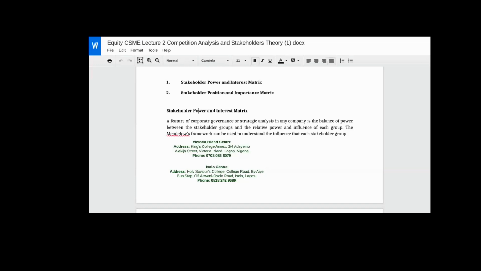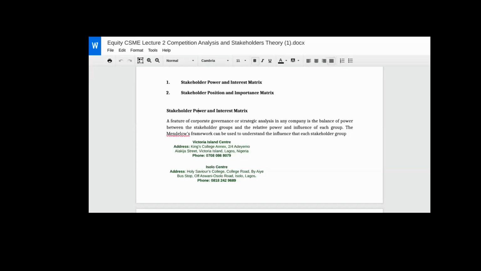The higher their level of power and interest, the more recognition the directors and management should give them, so that they will not cause internal crisis and tension. Their expectations should be met.